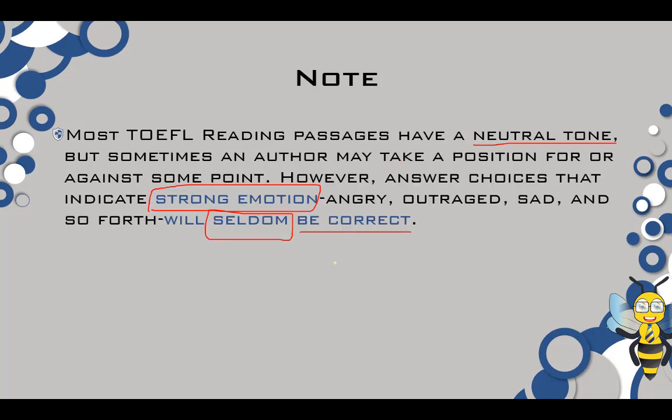Note, most TOEFL reading passages have a neutral tone, but sometimes an author might take a position for or against some point. However, answer choices that indicate strong emotions, like we said, angry, outraged, sad, etc., will seldom be correct.